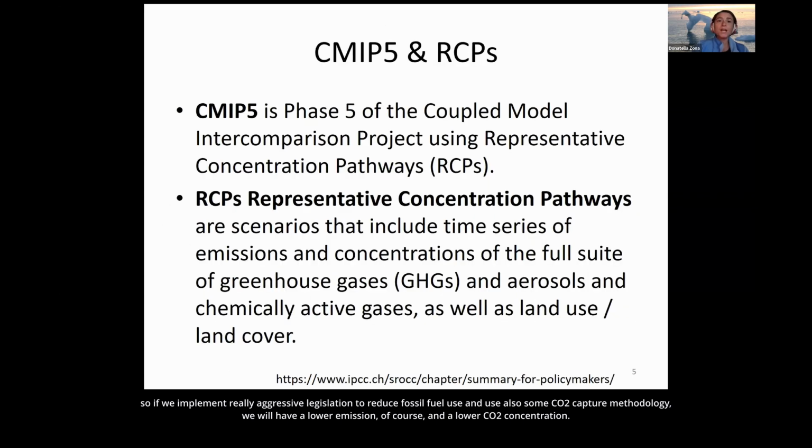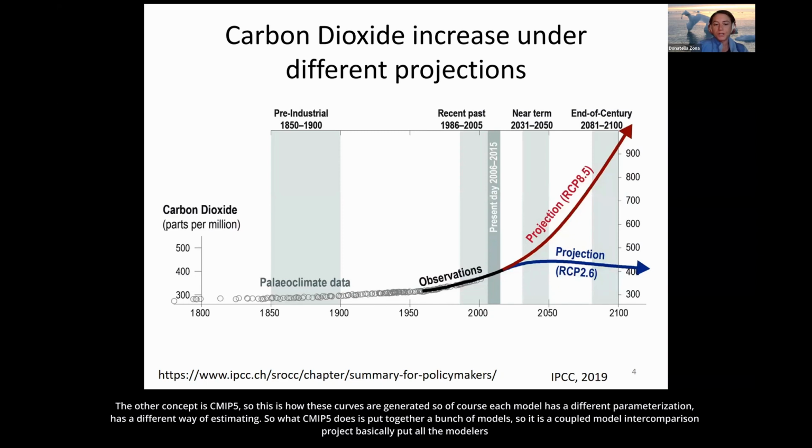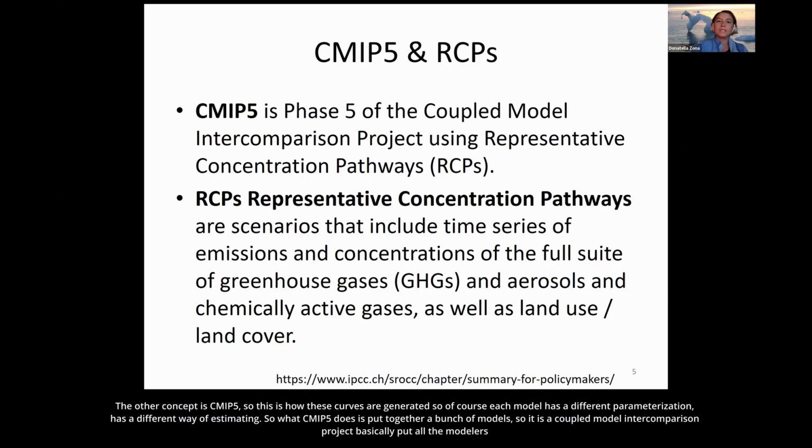Okay. The other concept is CMIP5. So this is basically how these curves are generated. Of course, each model has a different parameterization, has a different way of estimating things. So what CMIP5 does is put together a bunch of models. It's a Coupled Model Intercomparison Project.